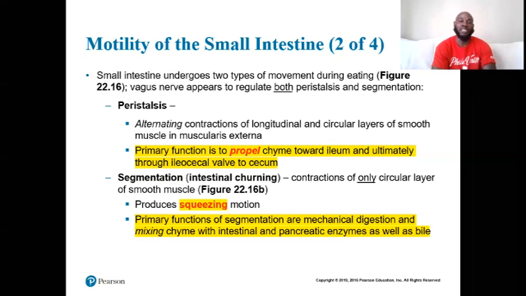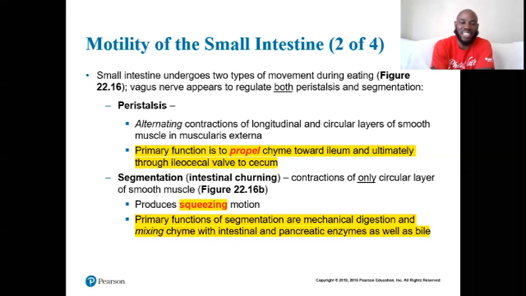Alternating contractions of the longitudinal and circular layers of the muscle propel the chyme towards the ileum and ultimately through the ileocecal valve. So it propels the food you've eaten, which has turned from bolus to chyme in the stomach, through the intestines.